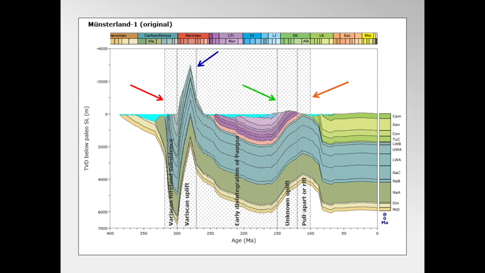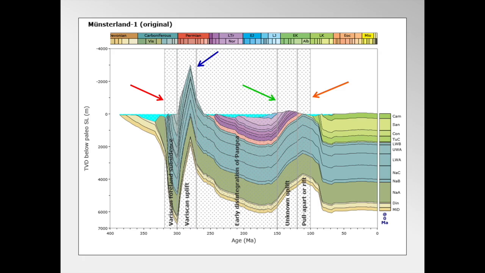We might push the end of the disintegration phase back to 160 MA to correspond better with the end of Jurassic sedimentation. We could initiate the period of unknown uplift at the same time, as shown by the green arrow. The end of the uplift probably occurs earlier than this diagram says, and doesn't necessarily coincide with the onset of the early Cretaceous extension.